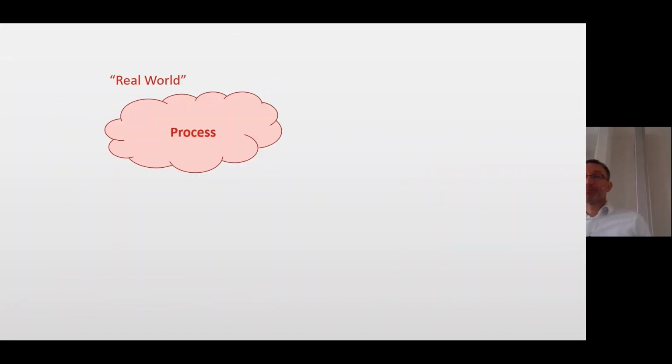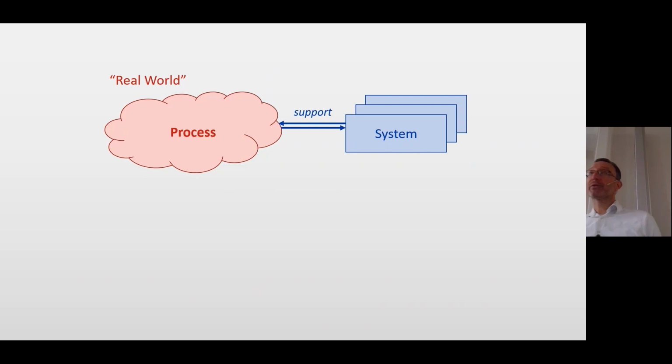So let me start simple. We want to study and improve processes in the real world, as Jan just mentioned in the comment to Jan Menling's keynote. So these processes in the real world, we design all kinds of systems, right? BPM systems, information systems, decision support systems, AI systems, whatever it is. It's very rich.